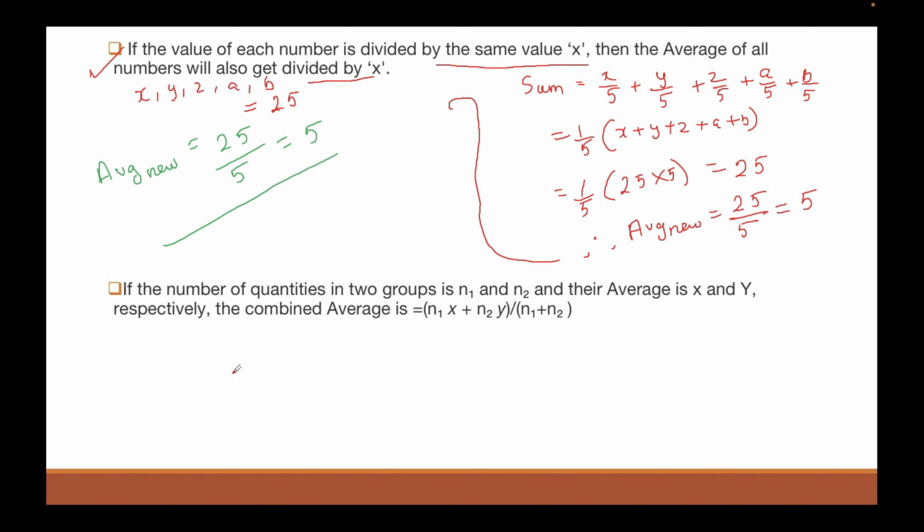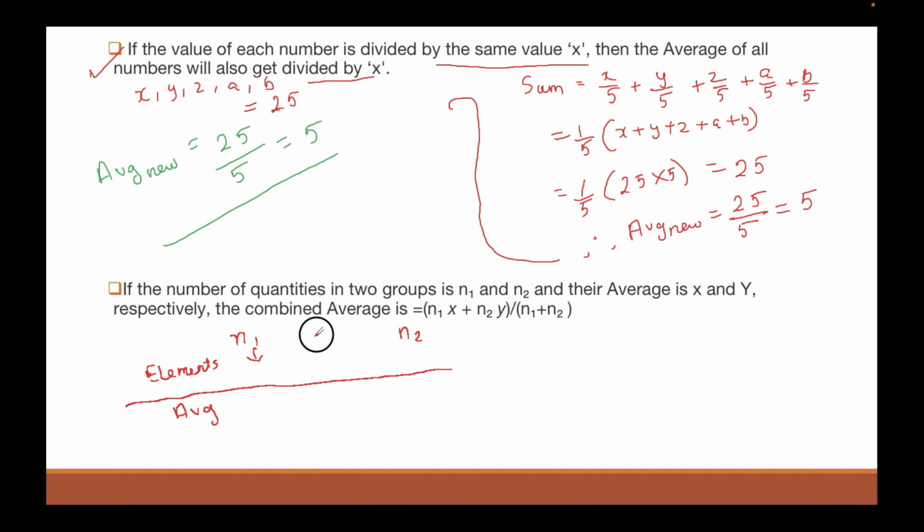Now the last part. Suppose we have two groups of averages, and each of the groups is having different numbers. Suppose I have n1 as one of the groups, and n2 is the other group. The first column is elements, and the second is average.